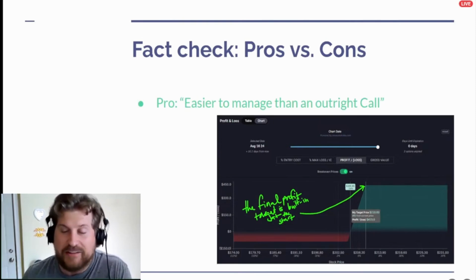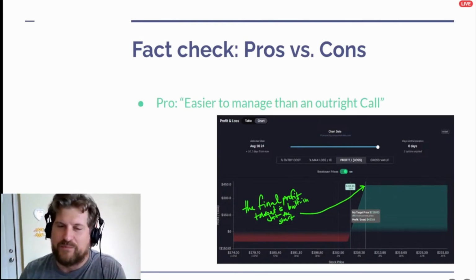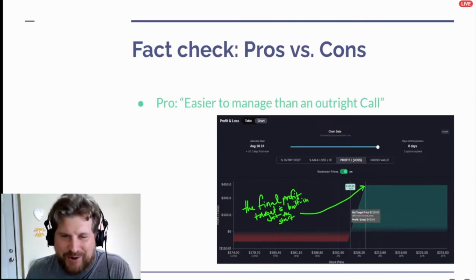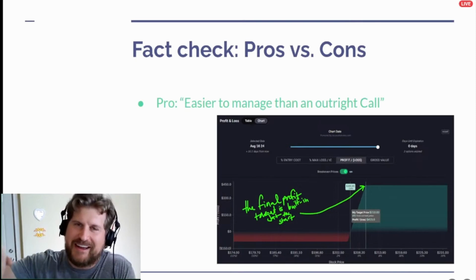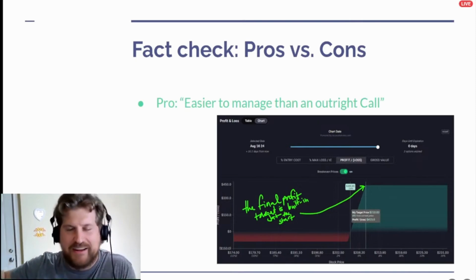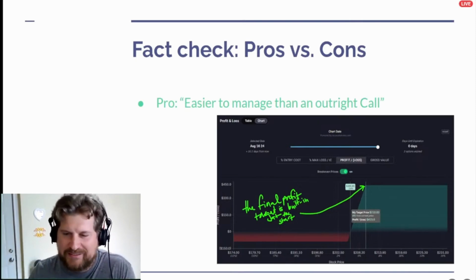And a call debit spread actually makes it kind of easy to manage because you know that once the underlying price gets to a certain point, you've reached max profit.